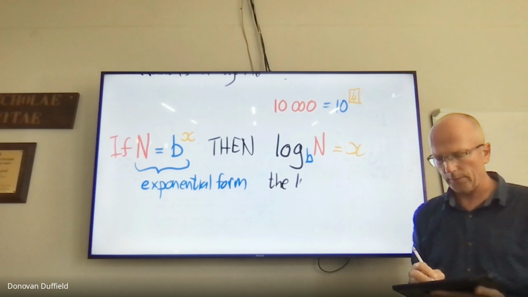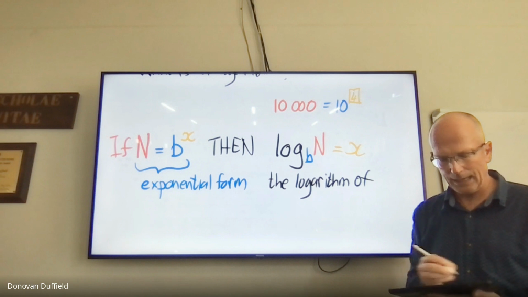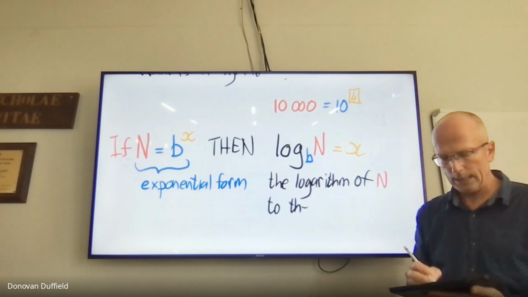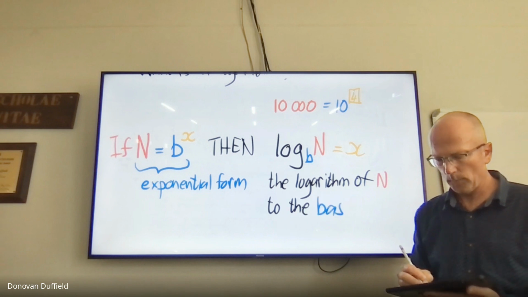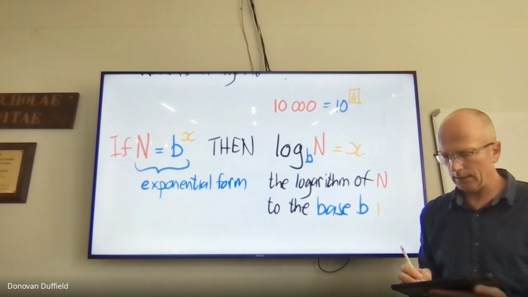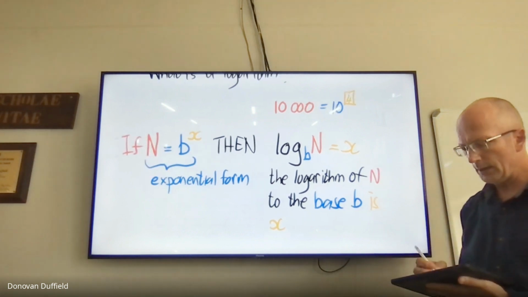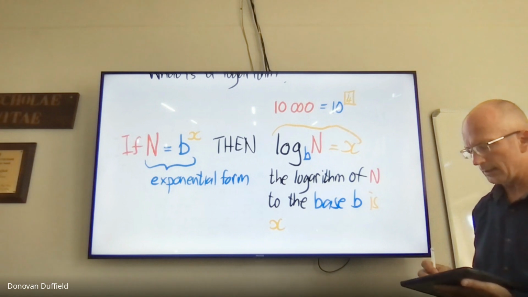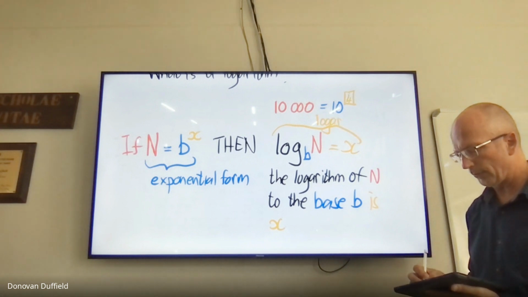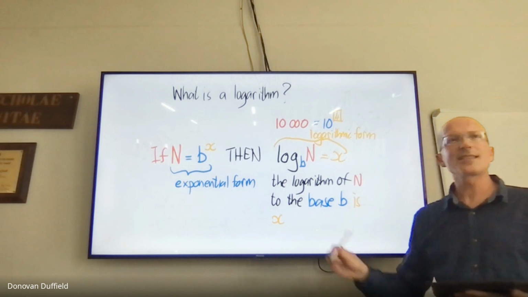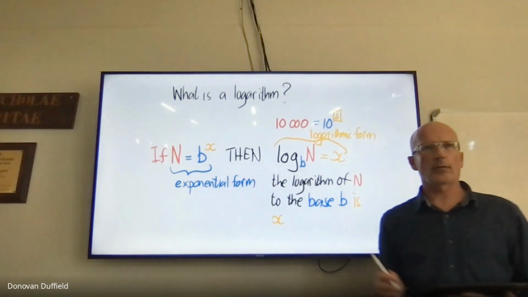The logarithm of n to the base b is x. All right. Now, this form here is known as the logarithmic form.